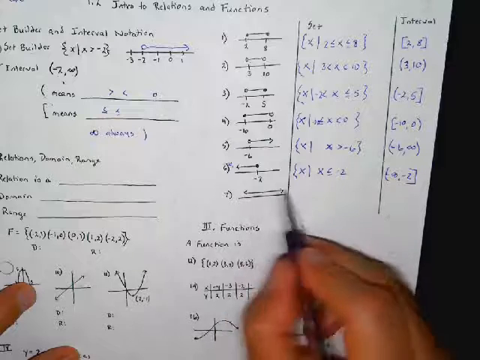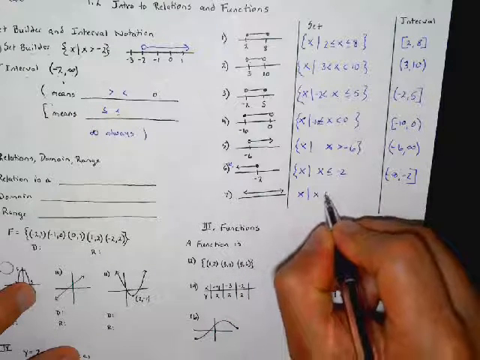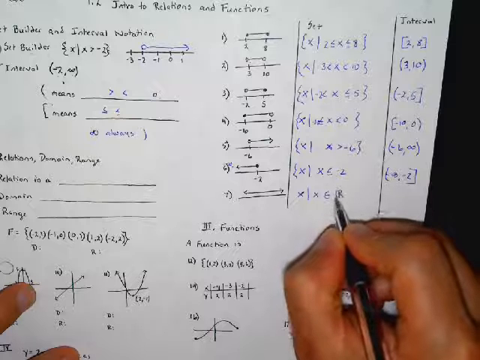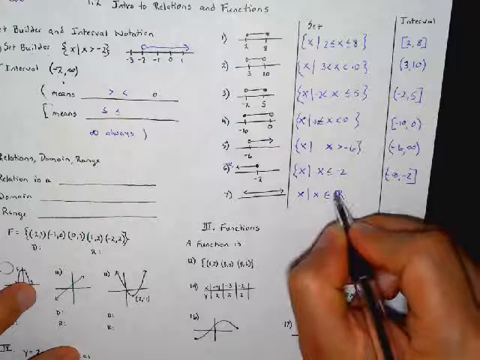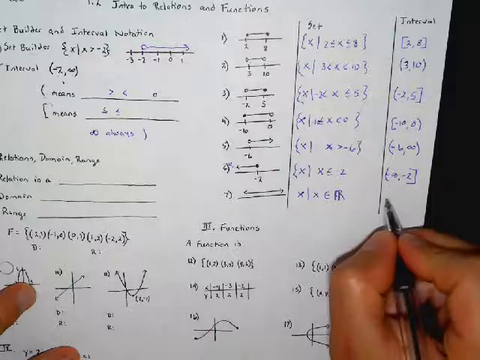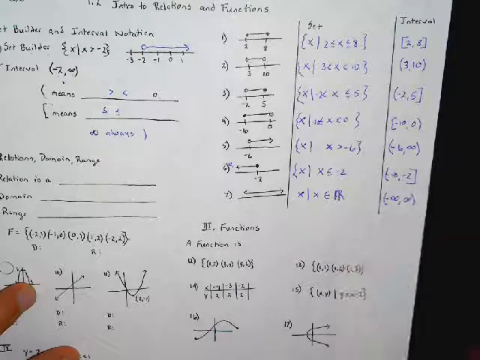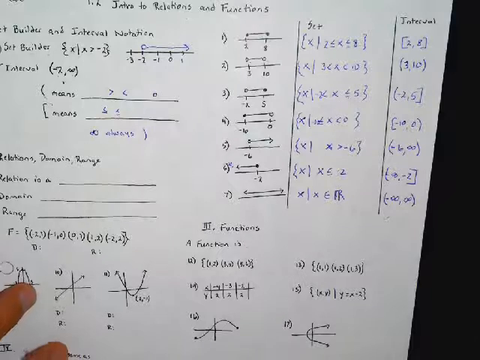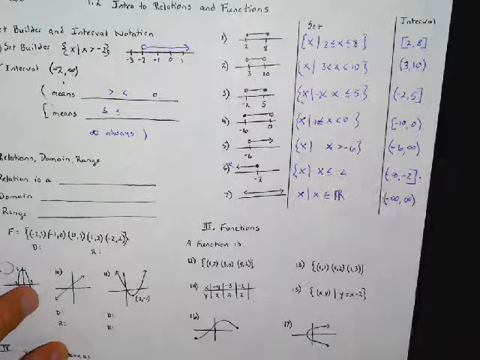Okay, this is all real numbers. We can say x such that x is an element of, and this is a symbol we can use for all real numbers. Make an R with another little thing on the side there. So then that goes from -infinity to positive infinity, and we always use parentheses with infinity. Okay, so that's our set builder and interval notation.